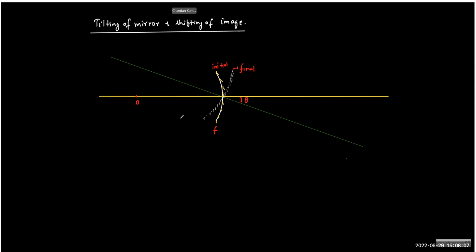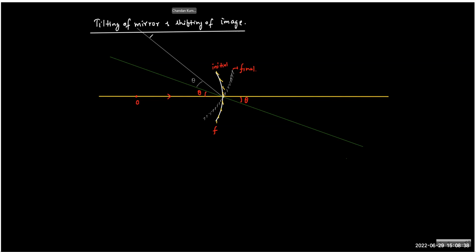So what you can think is that if the light ray is traveling this way, after reflection it will travel at exactly the same angle in this direction. The law of reflection, and we know that the principal axis itself is the normal. So if the angle of incidence is theta for this new normal, this will also be theta.